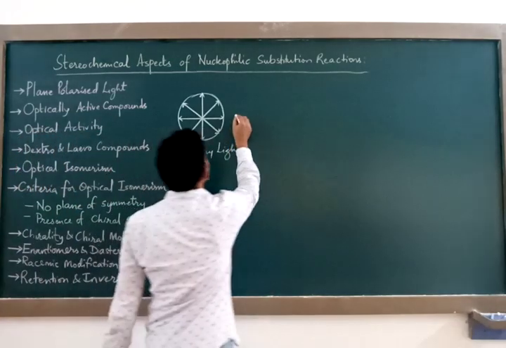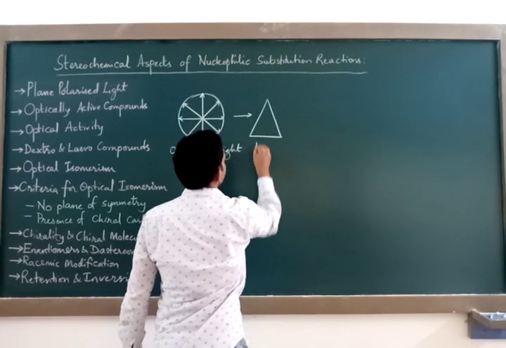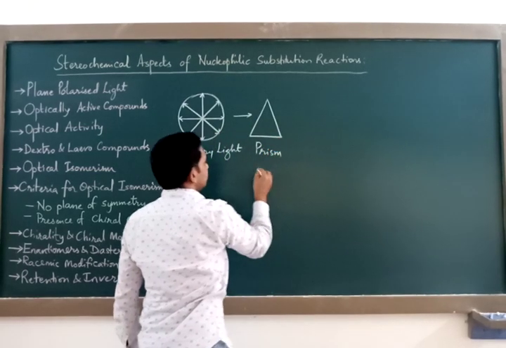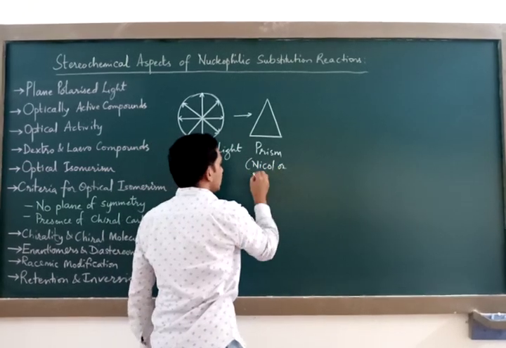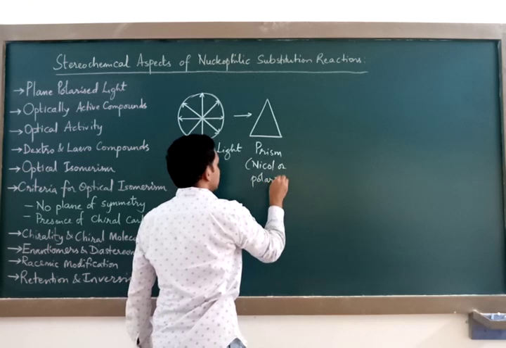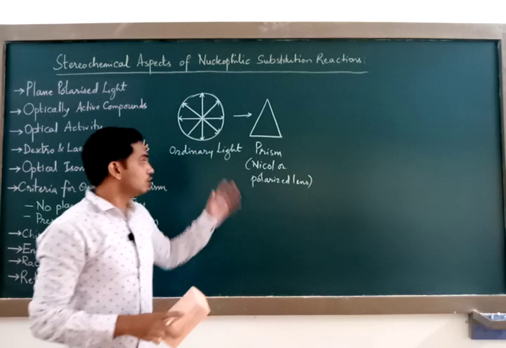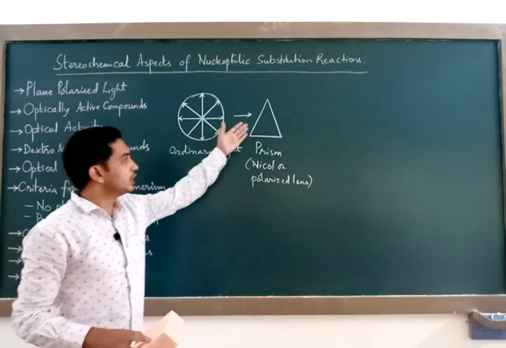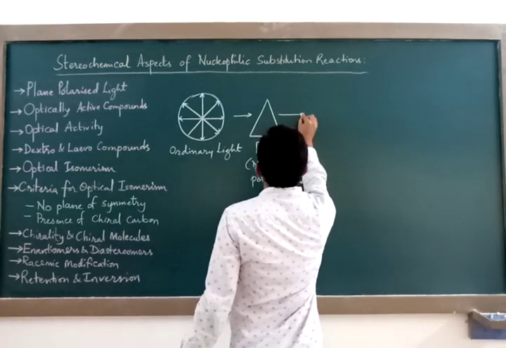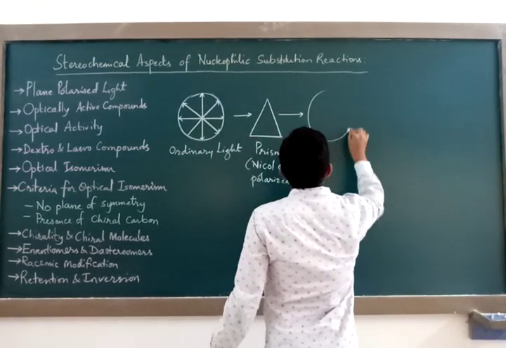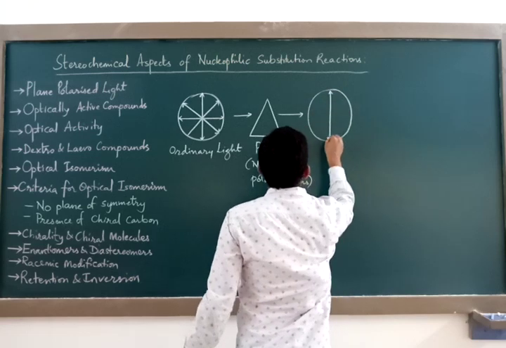The common thing that we do is you pass this through a prism that could be of nickel or it could be a polarized lens. So when you pass ordinary light through a nickel prism or through a polarized lens, then the light that comes out of this lens will be able to move in only one direction.